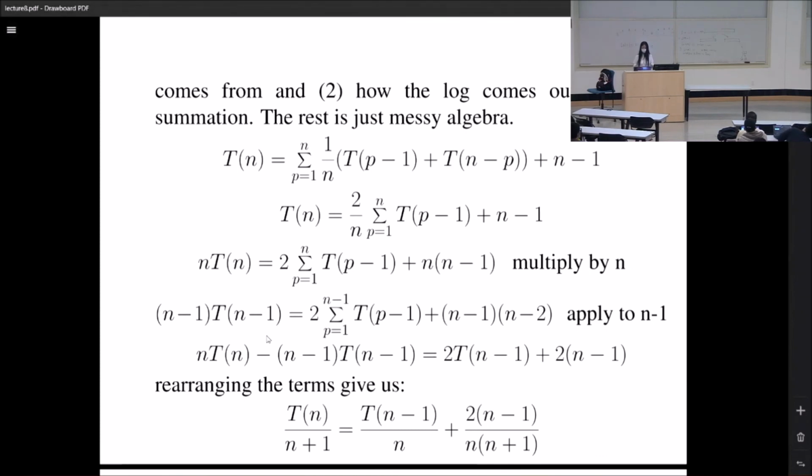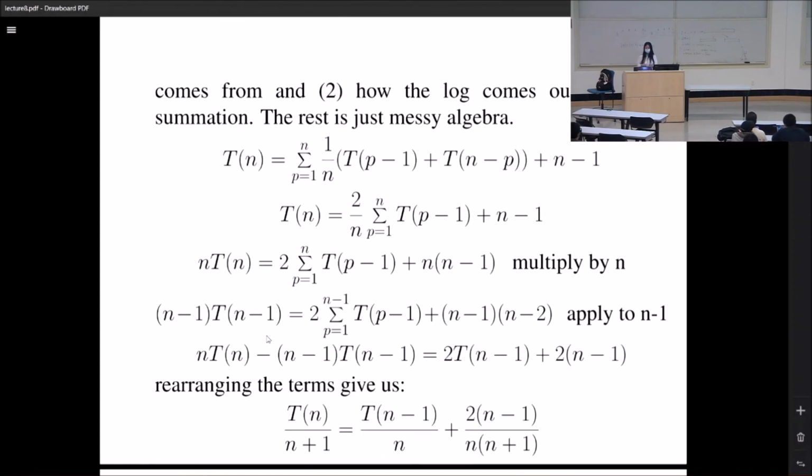So we have the two parts, and so it's 2 over n, and we will have the total work of T of p minus 1. Since the work is symmetric, we add them as twice the summation, and then you multiply the equation by n on both sides, so you'll have n times T of n equal to the right part, and then you apply it to n minus 1.